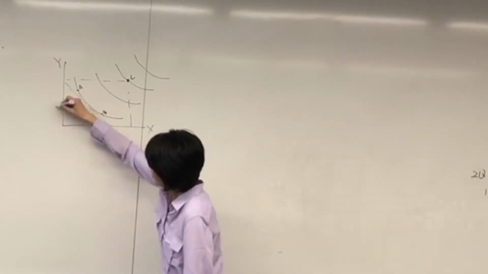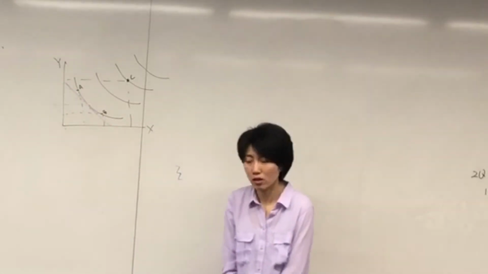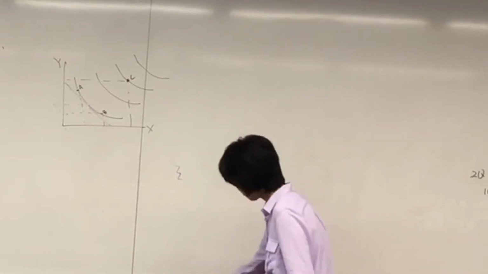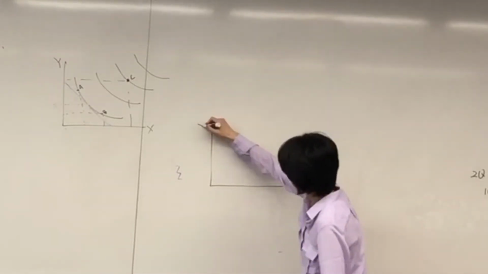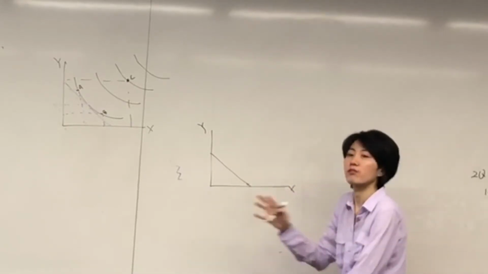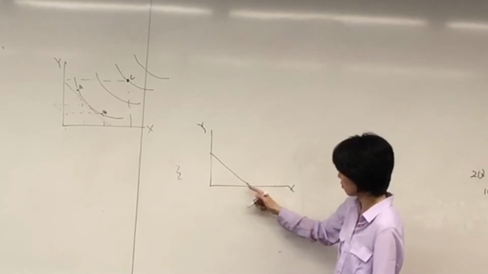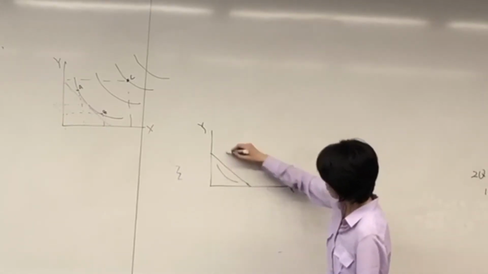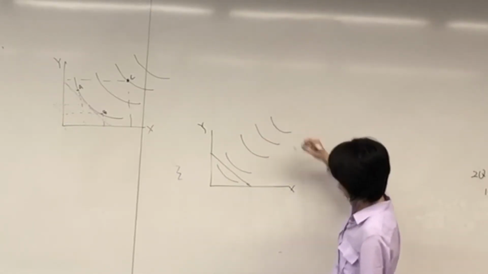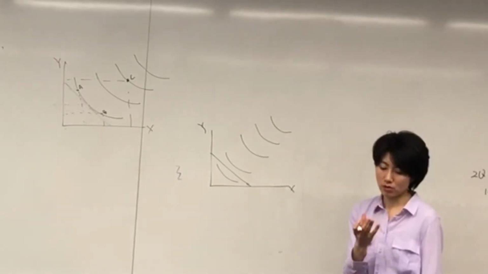What combination of good X and Y can give people the highest utility? If we know this is good Y, good X, this is the budget. The budget is fixed, right? How much money you can earn this month. And then there's an indifference curve. Okay. And which combination of those X and Y can provide this person the highest utility?